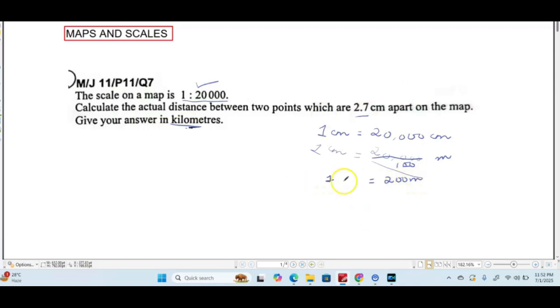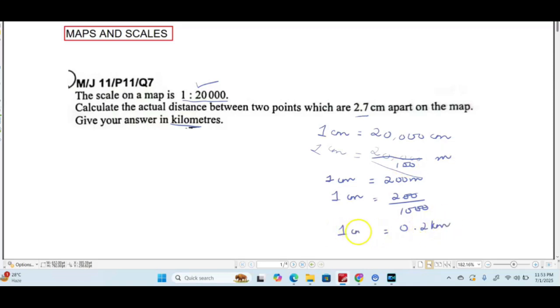So 1 centimeter is equal to 200 meters, but we still have to go to kilometers. So now, if we divide 200 by 1,000, which is the relationship between a meter and a kilometer, what we get is 0.2 kilometers.